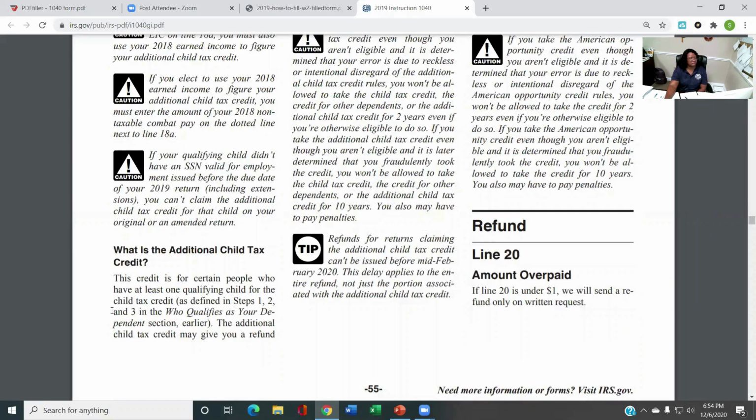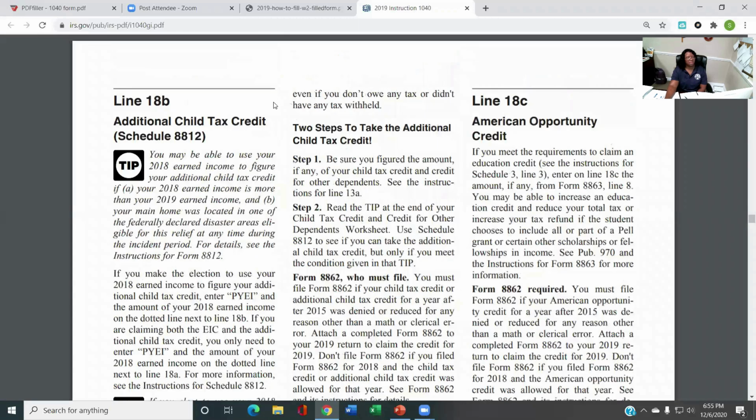What is the additional child tax credit? This credit is for certain people who have at least one qualifying child for the child tax credit. Who qualifies? You look to see who qualifies and who doesn't. The additional child tax credit may give you a refund even if you don't owe any tax.